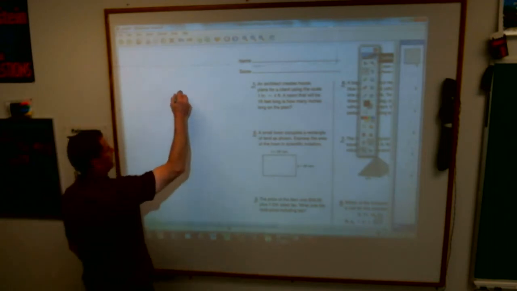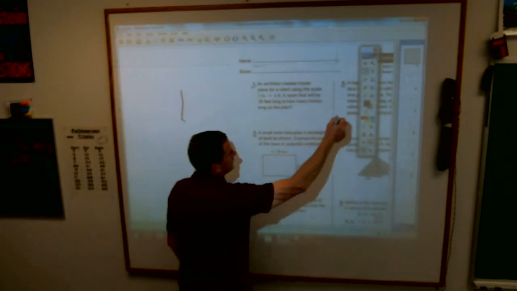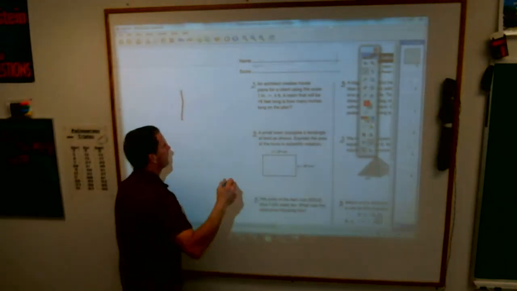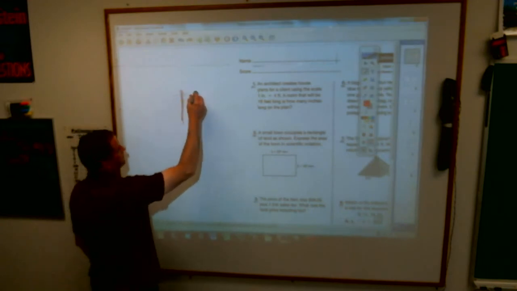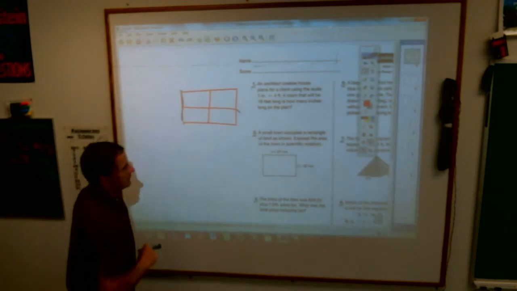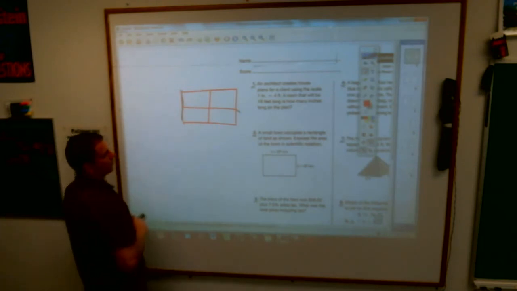Number one, always with these, I would definitely jot down myself a ratio box, where you've got the drawing and you've got the real thing.